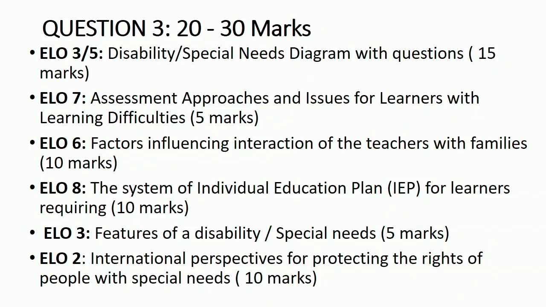And let's go to unit 7, exit learning outcome 7. It's again on assessment approaches, issues for learners with learning difficulties. Again, 5 marks for that. So assessment approaches are mostly here in this unit 7. We looked at issues of assessment in terms of how do I know that this is assessment?